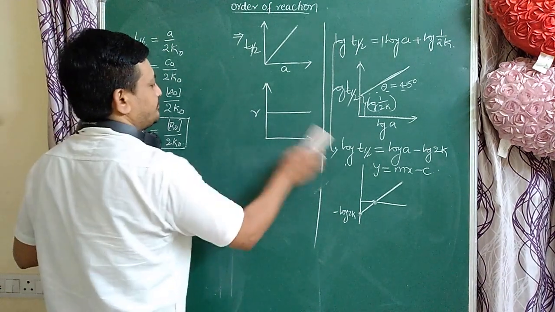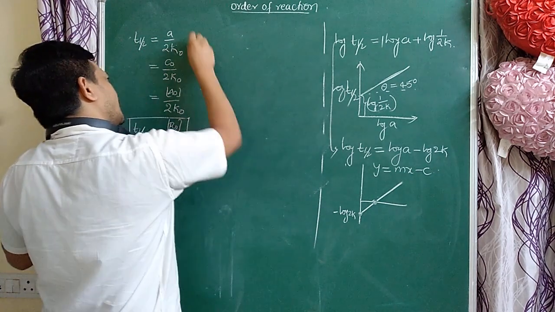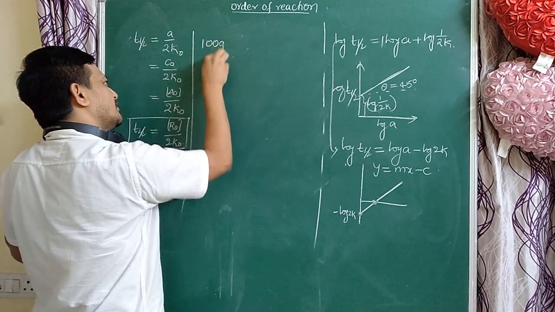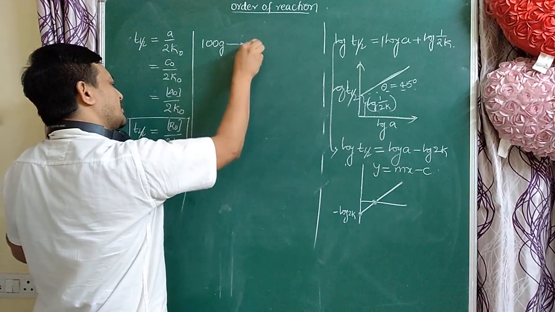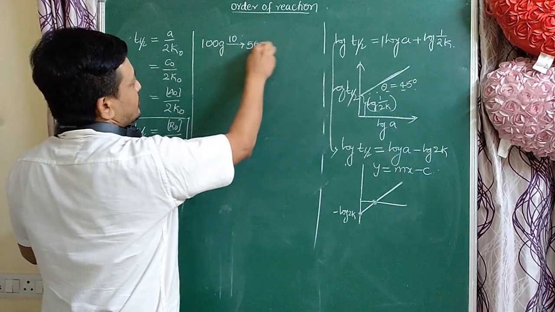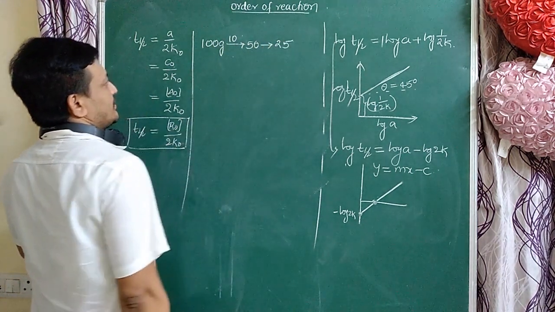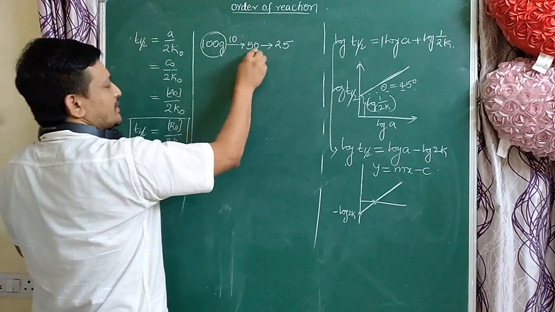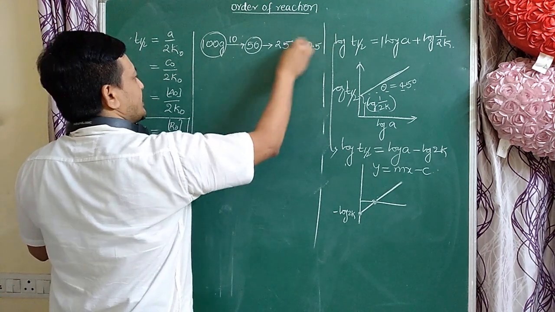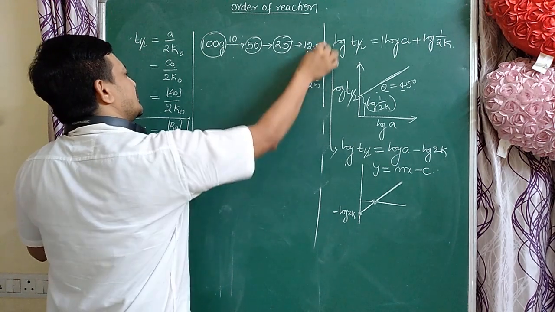So next, some important models are there based on zero order reaction. Take 100 grams as the initial amount, which converts to 50. So in 10 minutes, 100 grams converts to 50 grams. Next, for 25, how much time is required? Here the initial is 100, in this case the initial is 50, in this case the initial is 25, in this case the initial is 12.5.